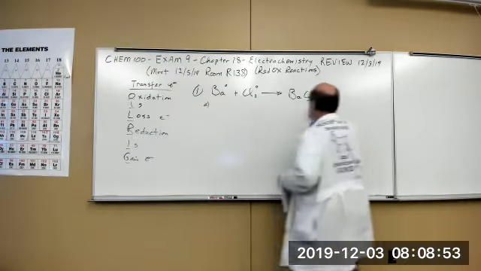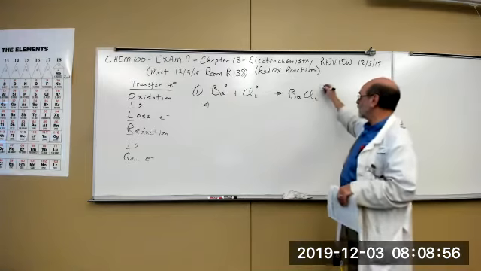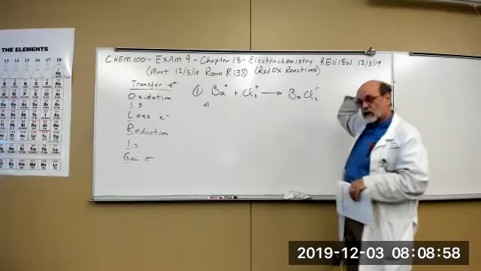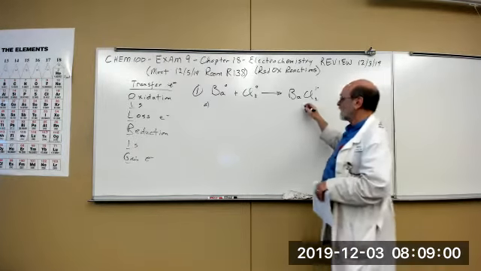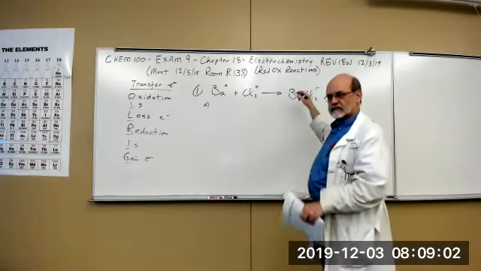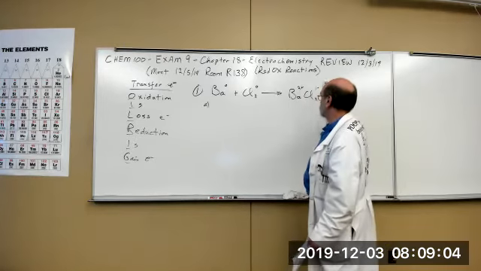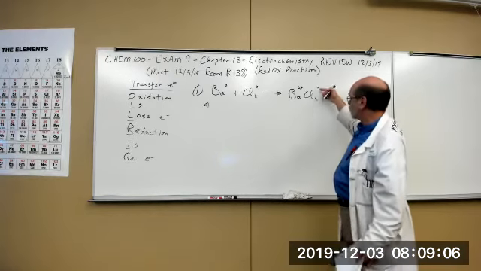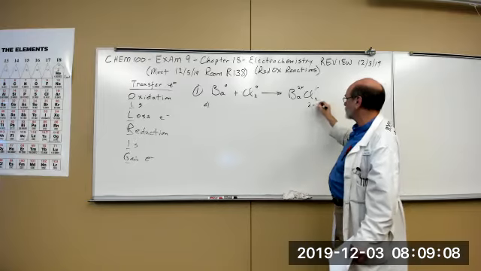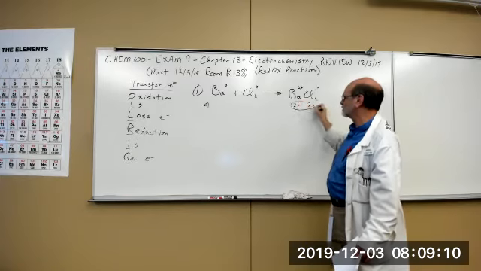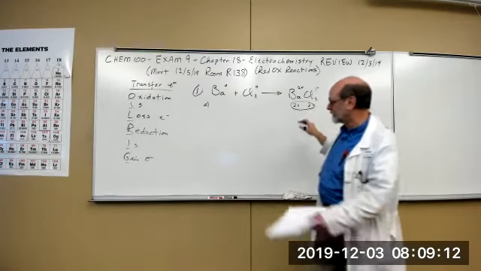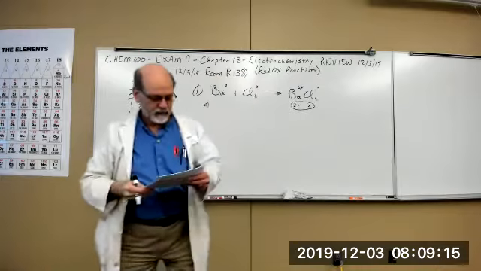In the compound, halogens are going to be 1 minus. And barium, since it's in the second group, is going to be a 2 plus. So two of these 1 minuses balance that 2 plus. Okay, so that's good. Now we can answer the question.